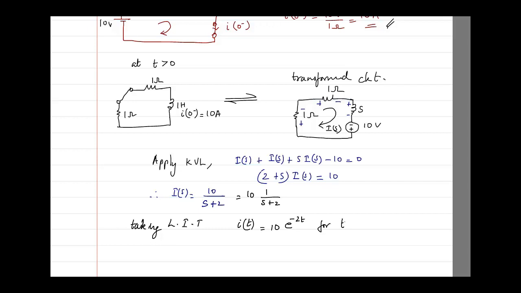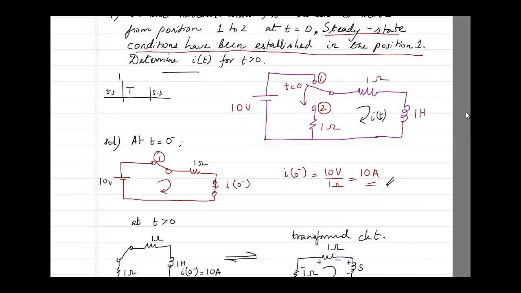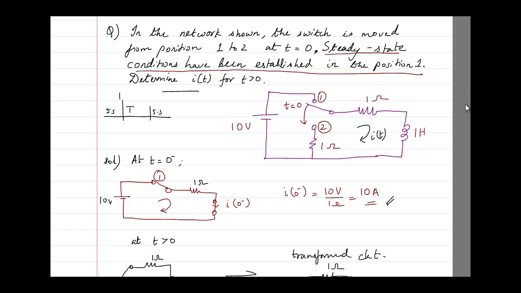So I of t is 10 into e raised to power minus 2t for t greater than 0. This is one of the problems that we use for transient analysis with initial conditions.